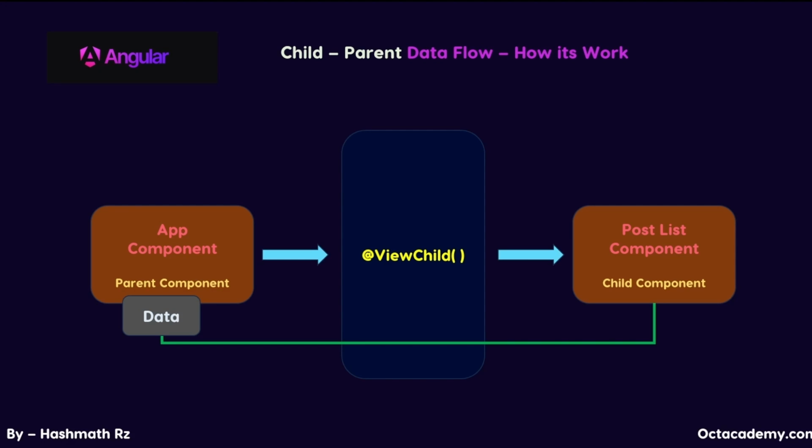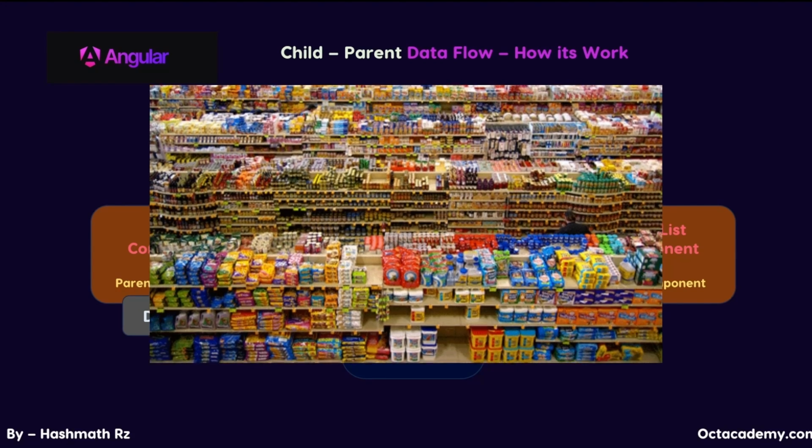So guys, but we have a problem here. Think we need to buy just toilet paper and we are going to the supermarket. We have to find the toilet paper section and we have to check out. If the supermarket is a small one with few items, then we can easily find the item and check out. But think about a big supermarket chain.